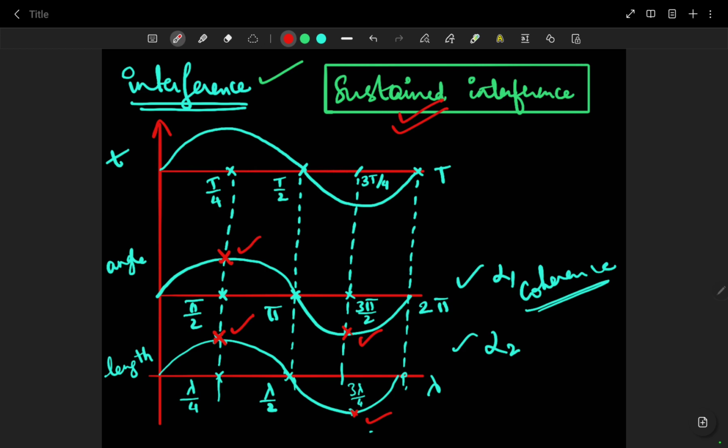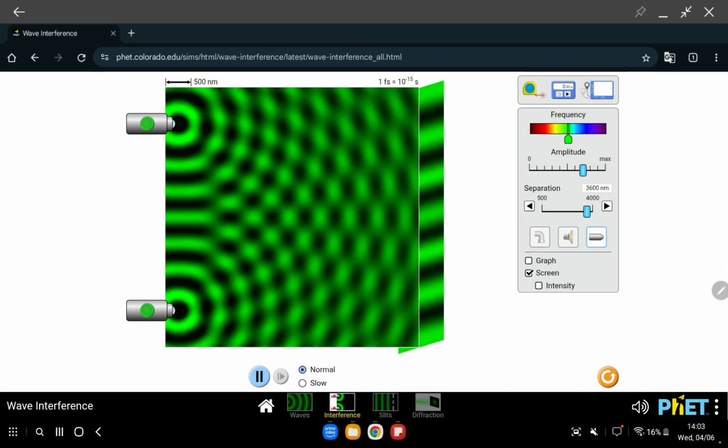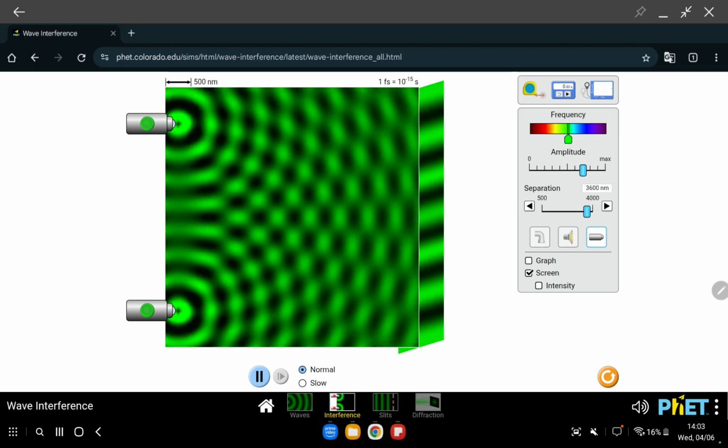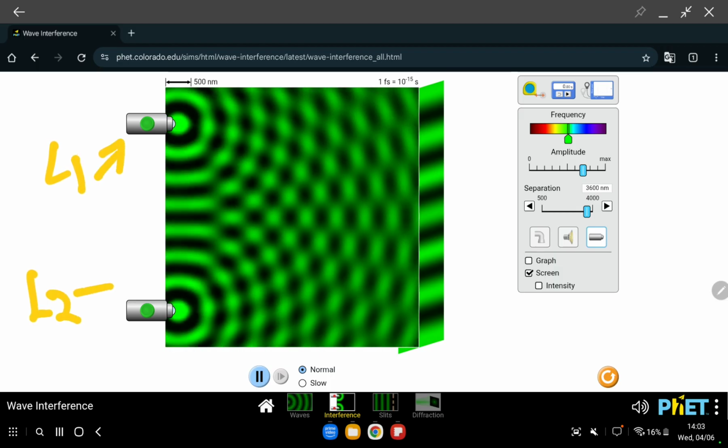Do they have any sort of distance or any sort of skipping that you are able to see, or are they actually lying with the same angle and same length? The answer is yes, they are lying in the same length and same angle, right? So right now I can say that this is how these two light sources are. Can you see which light sources I'm talking about? I'm talking about these two light sources, my light source 1 and my light source 2.